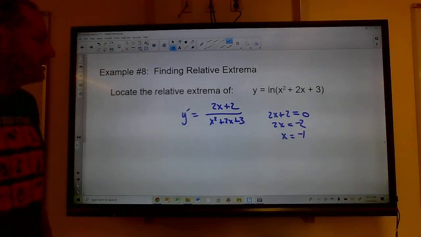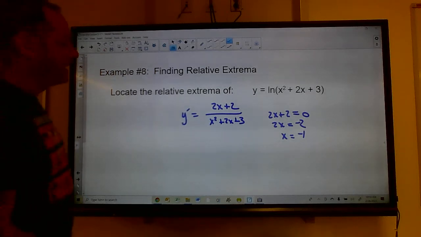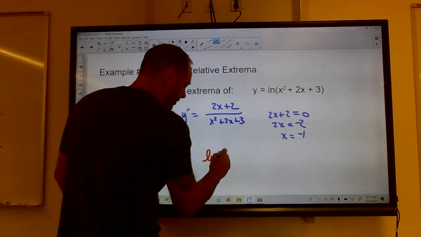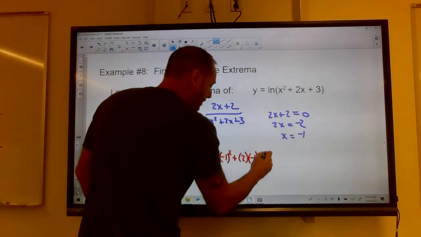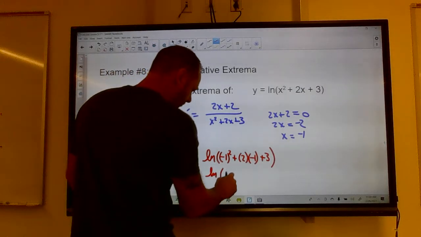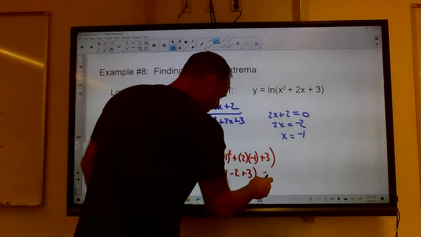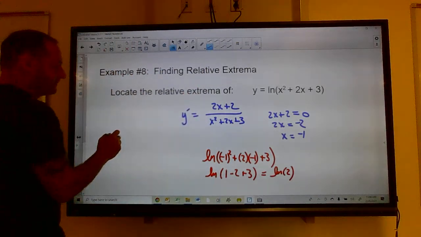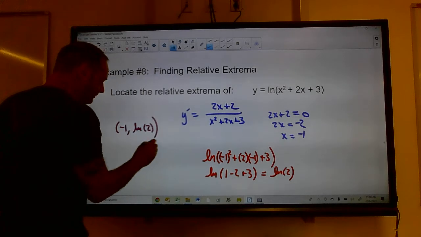Then I can plug that in: the natural log of negative 1 squared plus 2 times negative 1 plus 3, which is the natural log of 1 minus 2 plus 3, which is just the natural log of 2. So my relative extrema is located at negative 1, natural log of 2.